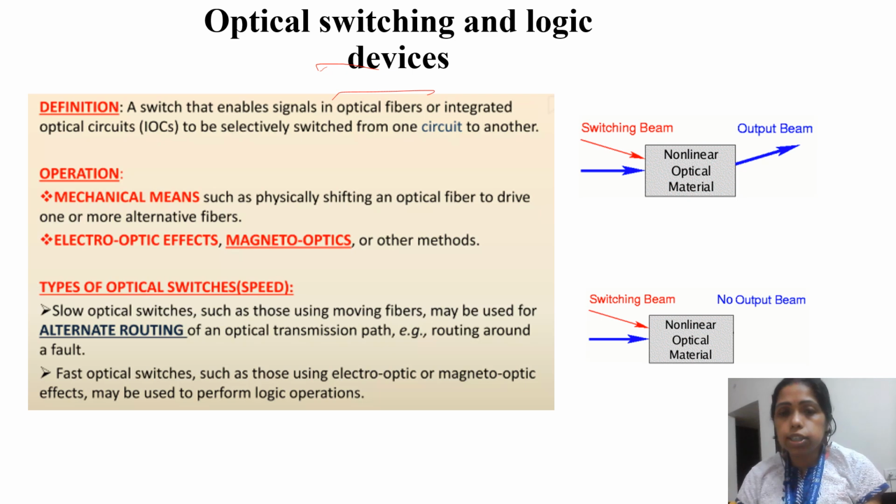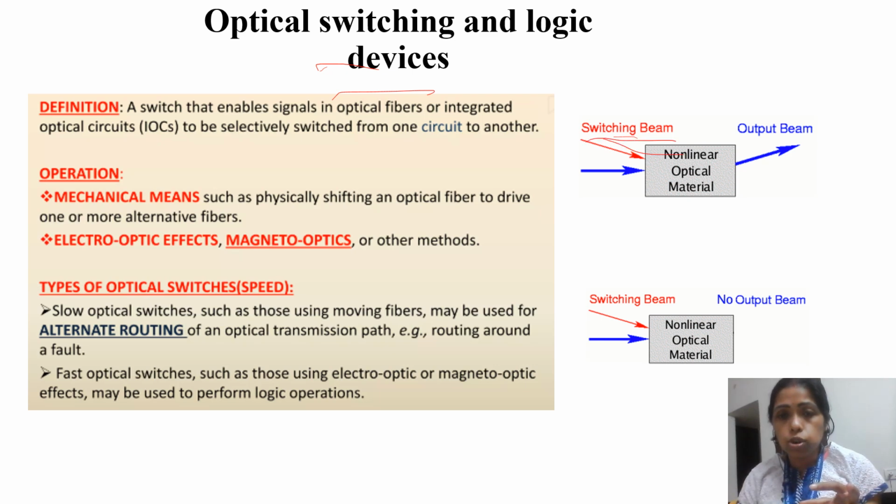On the right-hand side you can see a device called the nonlinear optical material. This device is considered a logic device, and in the switching concept there is something called the switching beam.